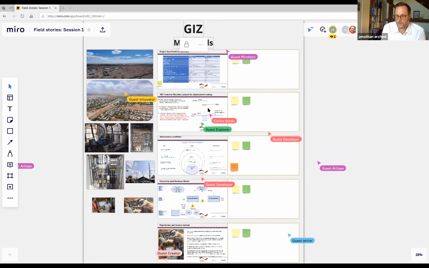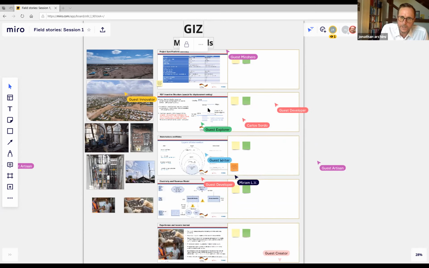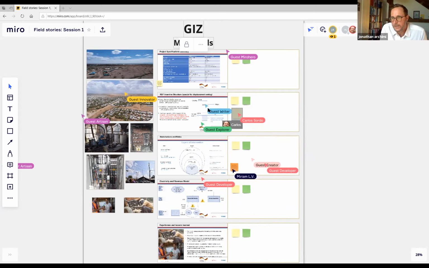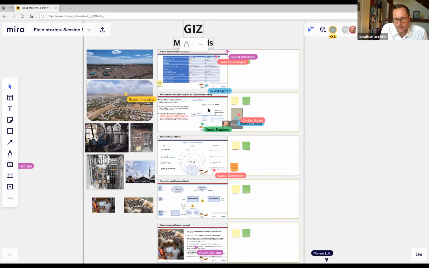Okay, thank you. And another question which is related to the economics regarding the private sector engagement and the break even. Can you explain a little bit how they would operate in the long term with the targeted community?